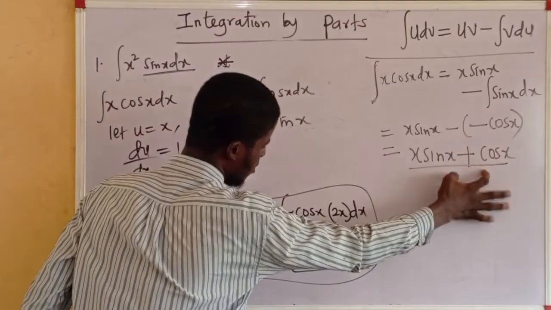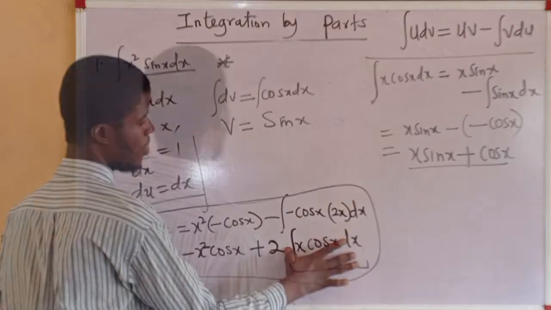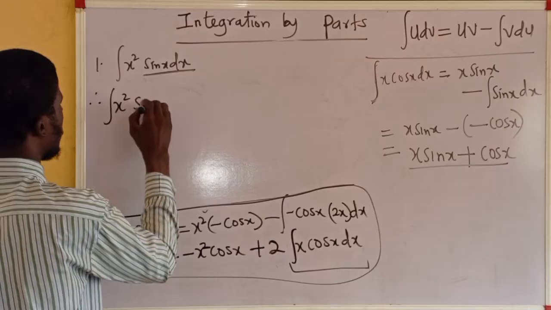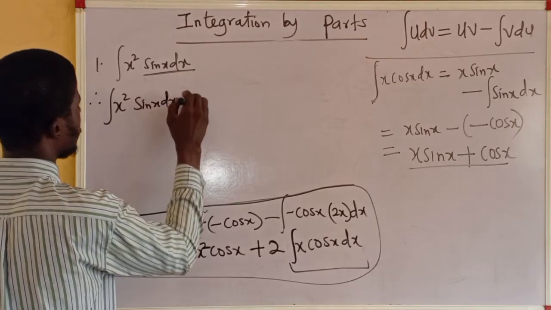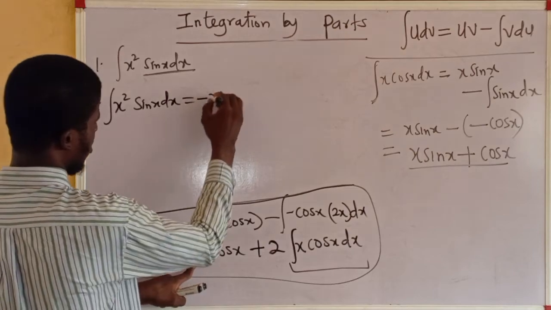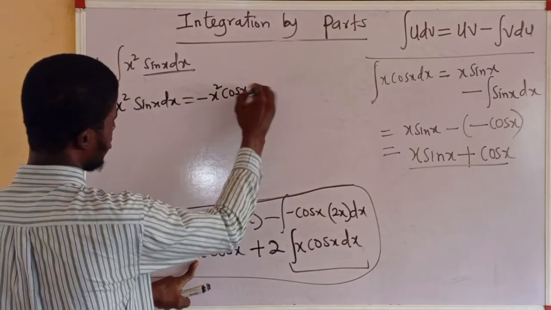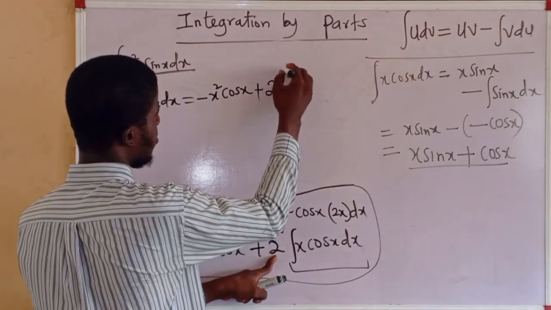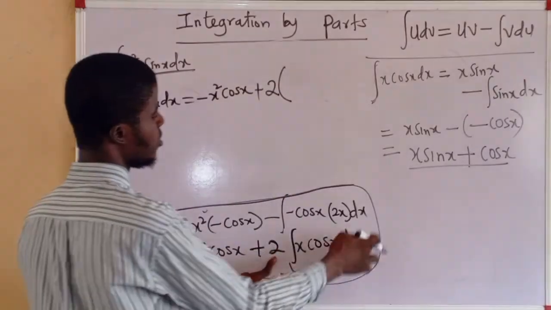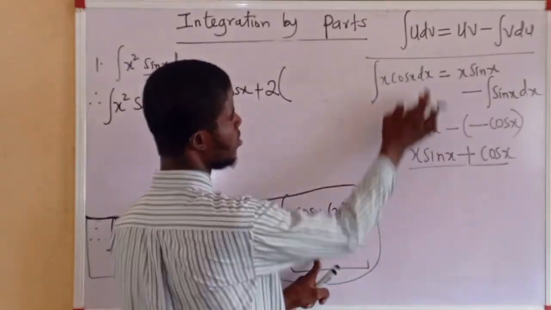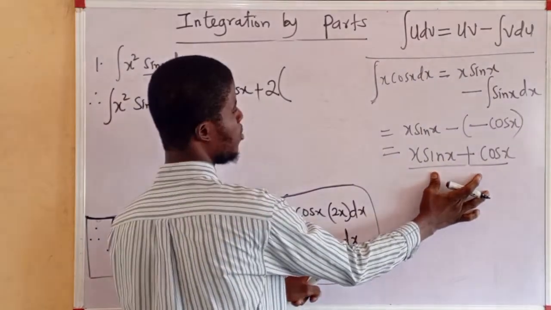Let's put this in place of this now. Therefore, the integral of x squared sine x dx, which is equal to this, minus x squared cos x plus 2 in brackets. In place of everything here, I'll now write this, because this is equal to this. You get the point?